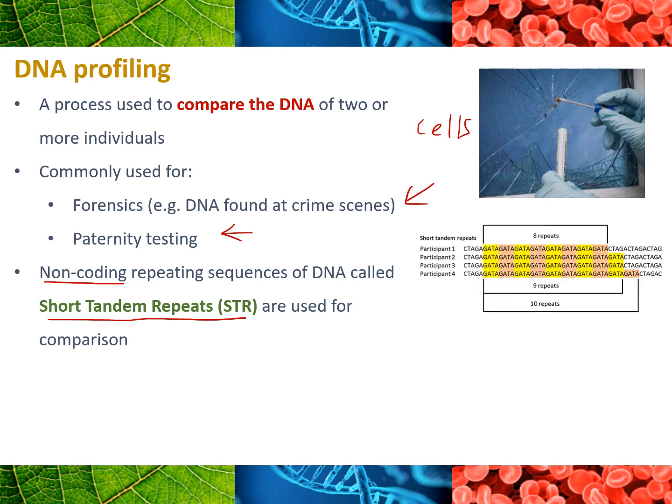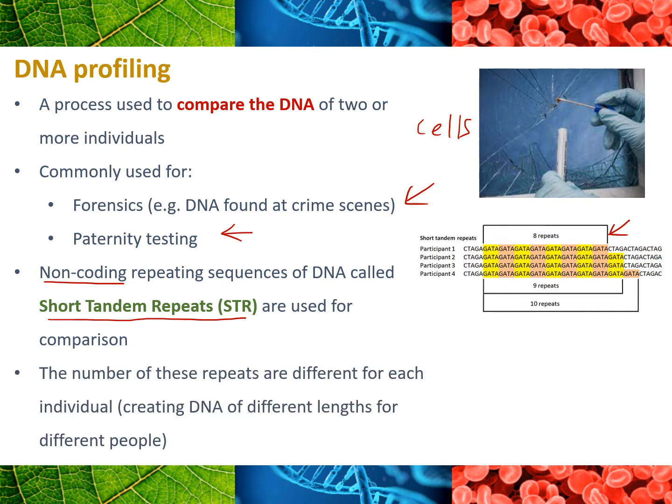So let's say these bits that are colored are short tandem repeats. They're just repeats of the same sequences. But the important thing is different people have different numbers of these repeats.